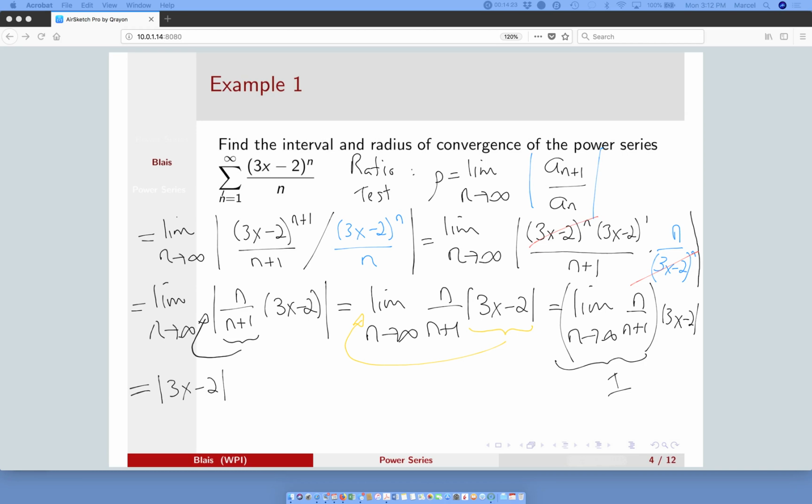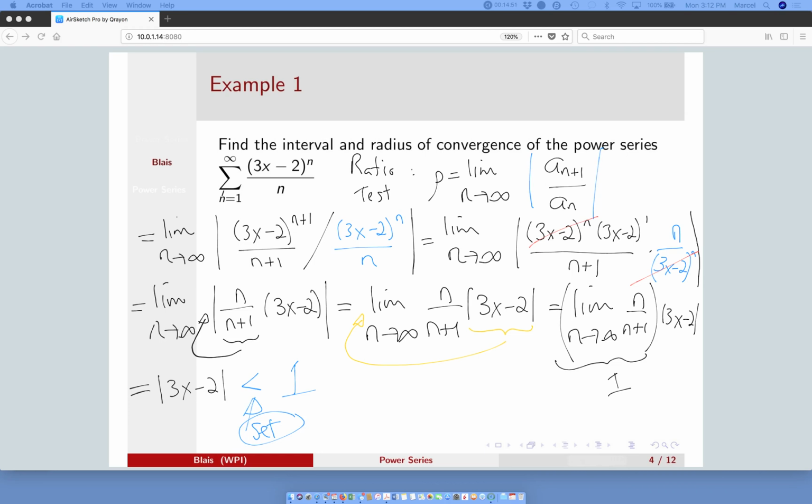Take a step back and remember what we were doing. We've calculated the rho for the ratio test when we're testing this for absolute convergence. The condition that we want is that this is less than 1. So we set this inequality.